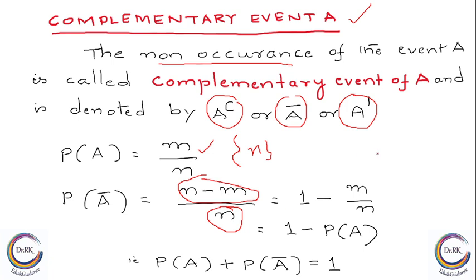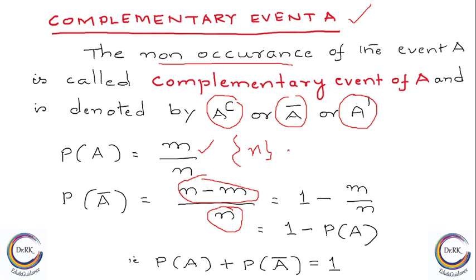Suppose 90 by 100 is the probability of passing the examination. Not passing the examination is 10%, that is 10 by 100, because it is 100 minus 90 by 100.